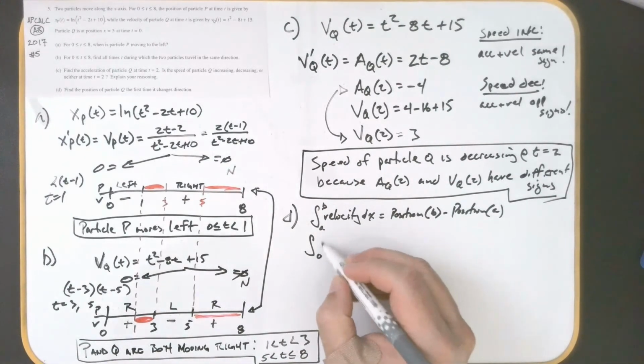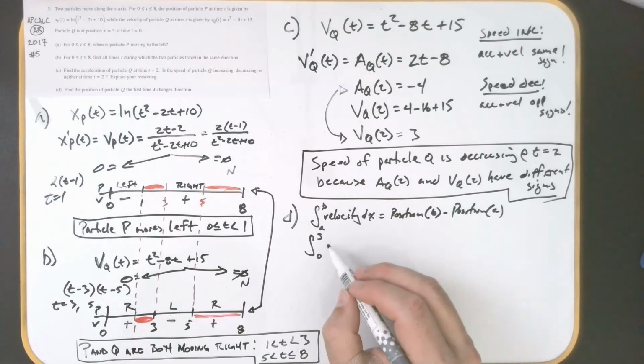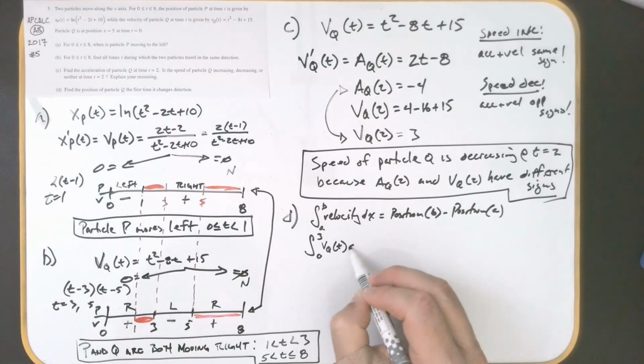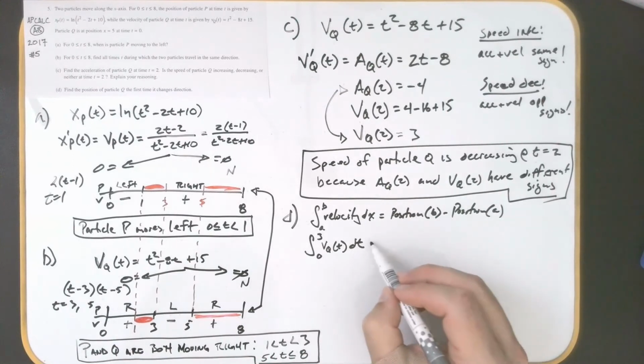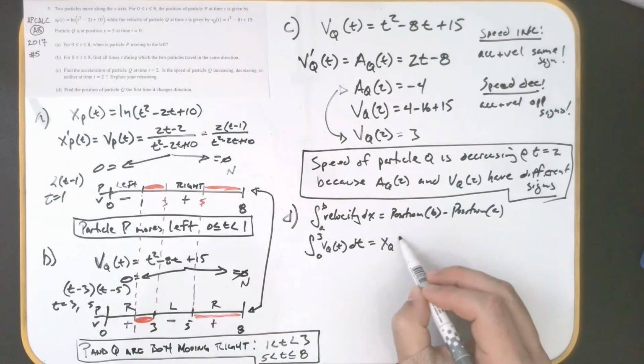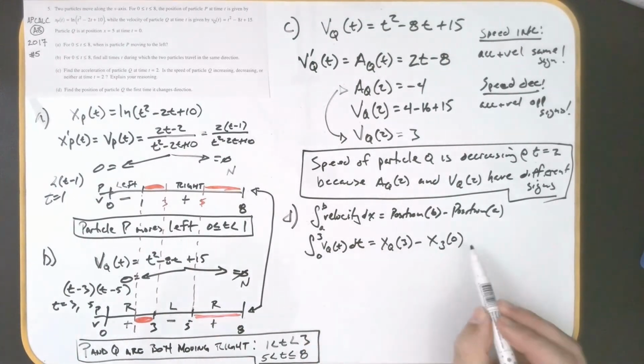So what I'm going to do is integrate from 0 to 3 the velocity function, v sub q of t dt. That's going to give me the position, and I'm going to use x sub q. So that gives me x sub q at 3 minus x sub q at 0. Make sure you understand that notation.